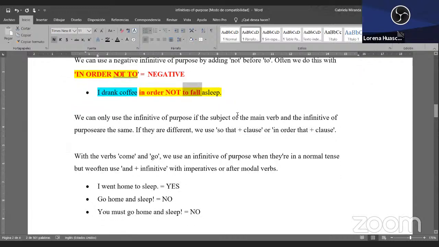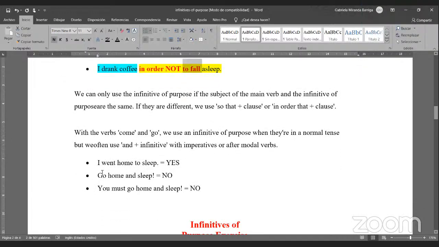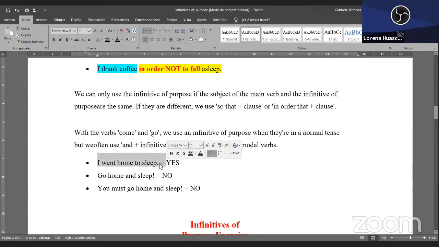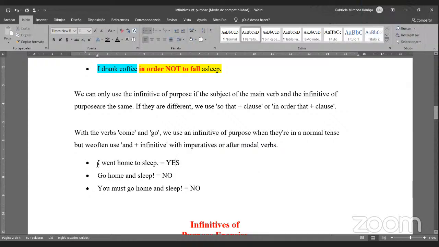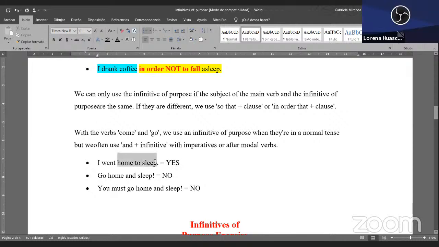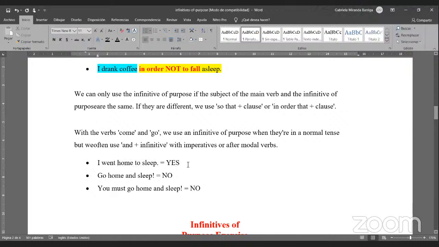Okay, so in this part, if we look at the first one, is this sentence an infinitive of purpose? Yes, right? Because we have, I went home. And what's the reason? To sleep. So it is an infinitive of purpose. In this part, go home and sleep. Is it an infinitive of purpose?